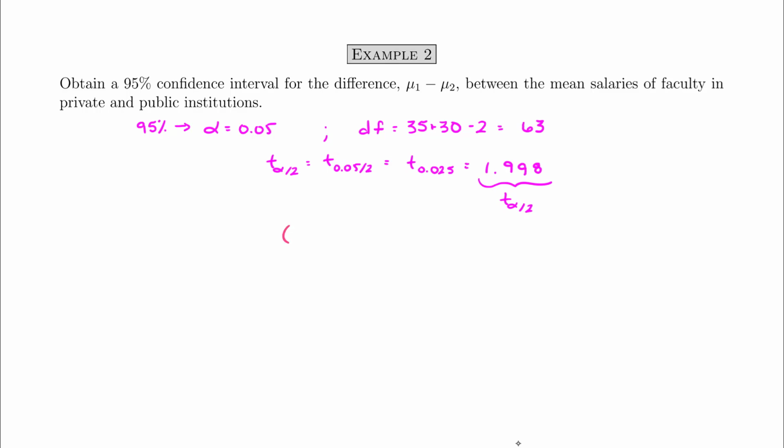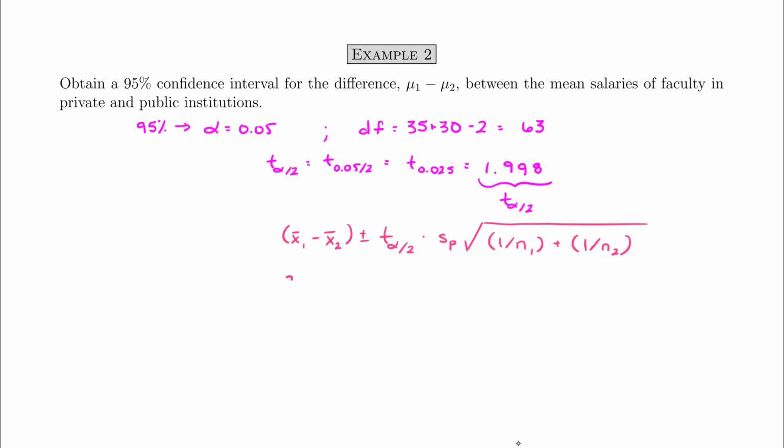So the confidence interval once again is x bar sub 1 minus x bar sub 2 plus or minus t sub alpha over 2 times the pooled standard deviation times the square root of 1 over n sub 1 plus 1 over n sub 2, and we just substitute in the values and we can come up with the confidence interval.